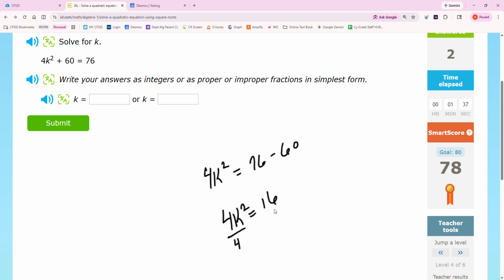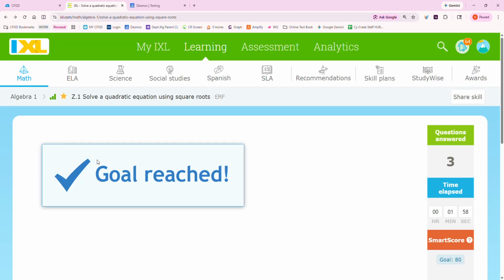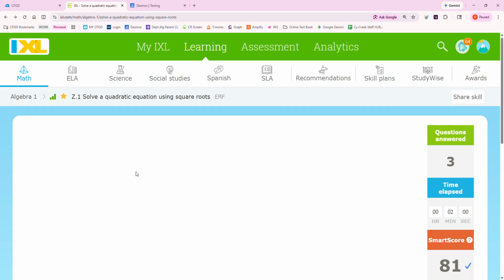We're going to divide both sides by the coefficient of k squared. So this gives me k squared equals 4. We're going to take the square root of both sides. That gives me plus or minus 2. So -2 and +2. That's all we're doing here: make sure that you are isolating the k value and moving all of your constants to the other side.